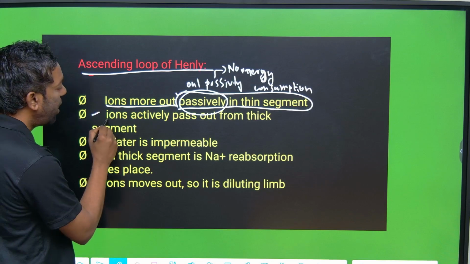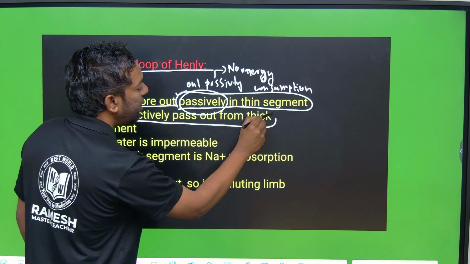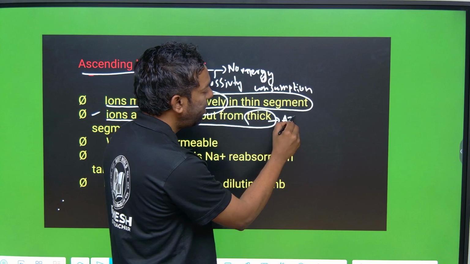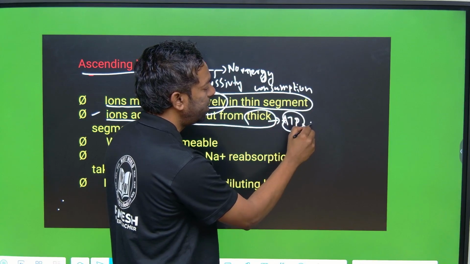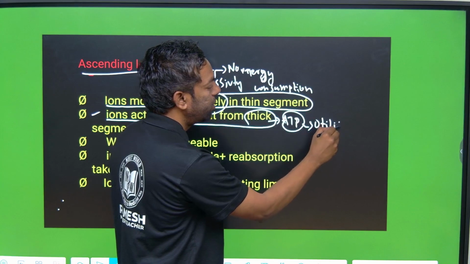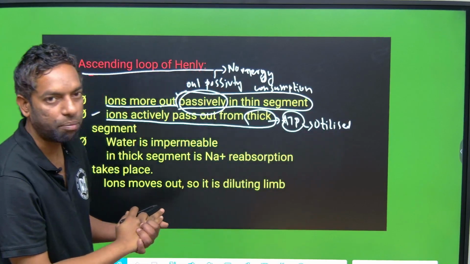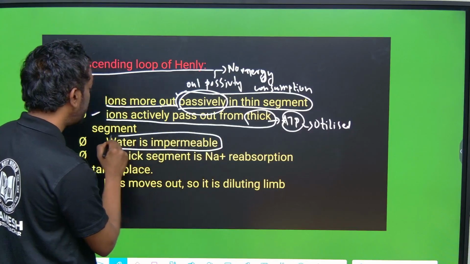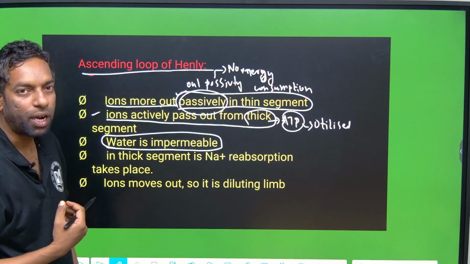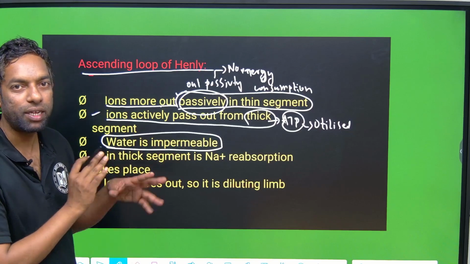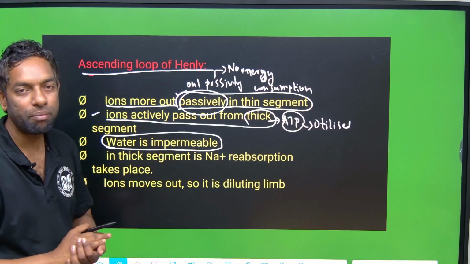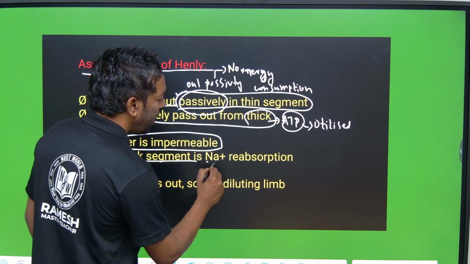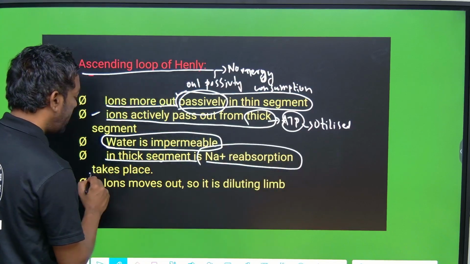Next point. Ions are actively passed out from the thick segment, meaning ATP is utilized. ATP means energy is utilized here, in the thick segment. Water is impermeable. That is the difference between the ascending limb and the descending limb: in the ascending limb there is no water permeability, in the descending limb there is no ion permeability. In the thick segment, Na reabsorption takes place.